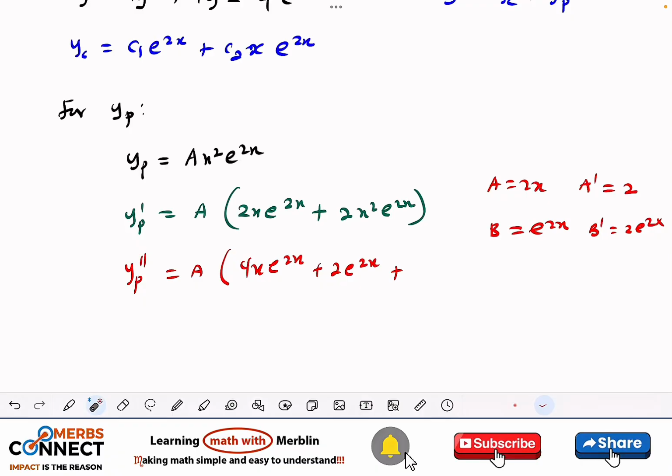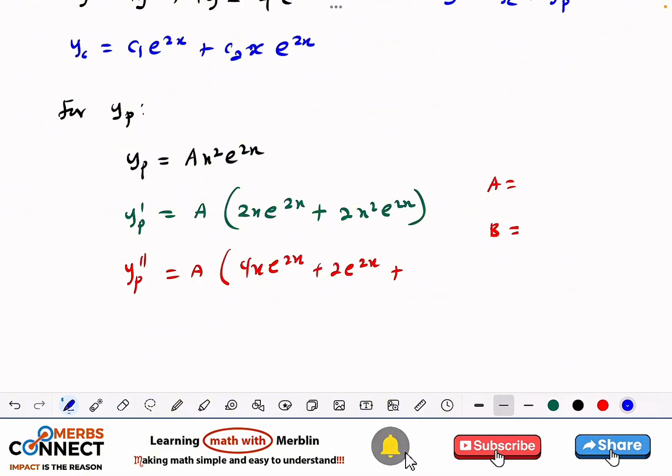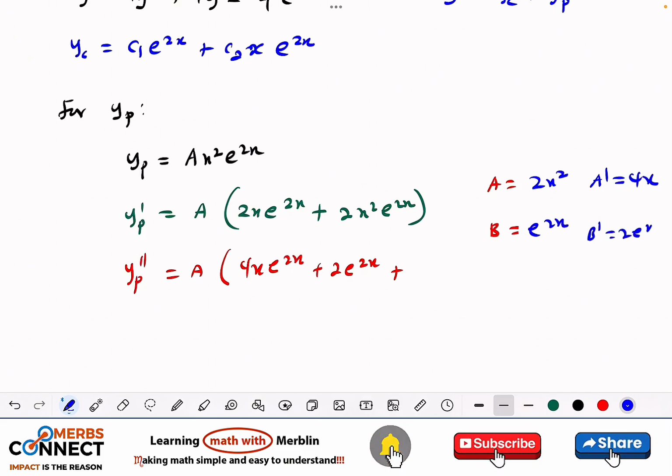Plus again, now this is another product rule, but now I'm going to choose my A to be 2x squared, and A prime will be equal to 4x, and my B will be e to the power 2x, and my B prime will be equal to 2e to the power 2x.